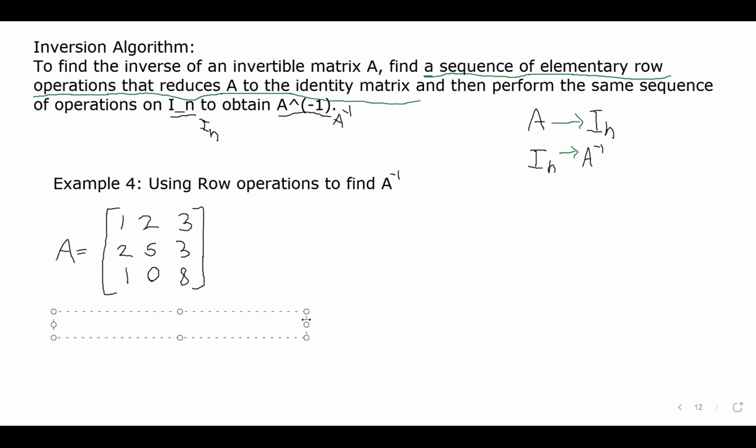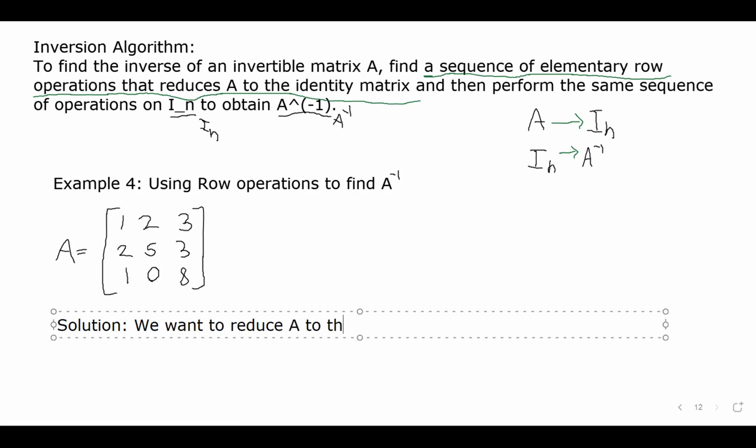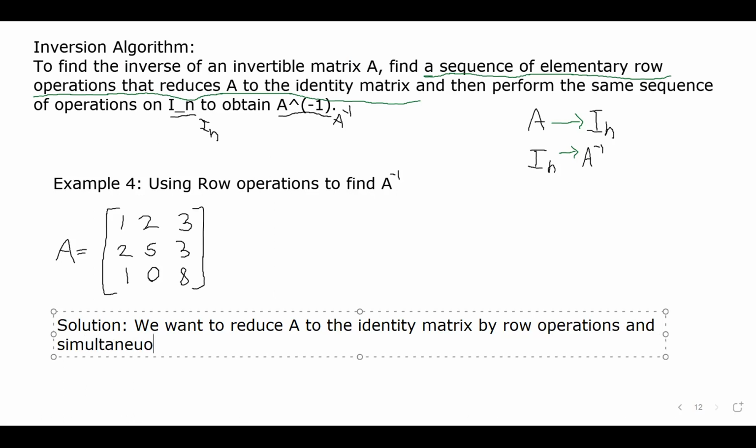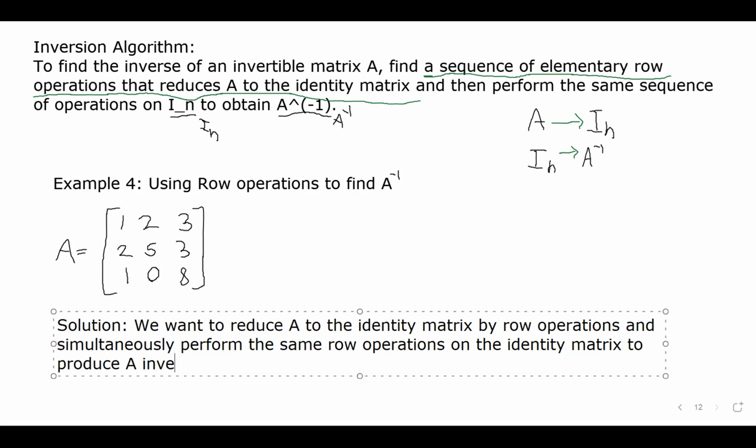Okay, so our solution, I'm going to describe how we're going to do that here. We want to reduce A to the identity matrix by row operations, and simultaneously perform the same row operations on the identity matrix to produce A inverse.